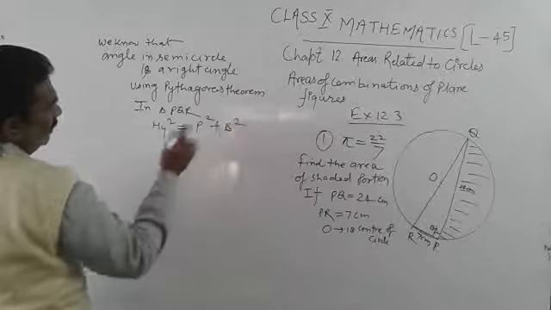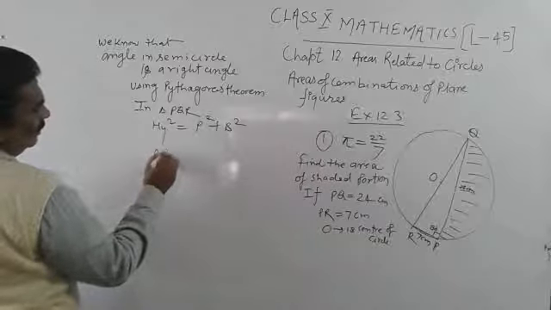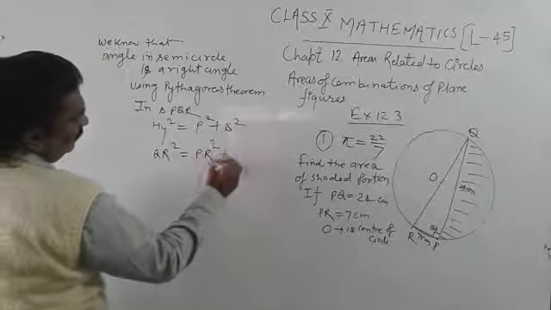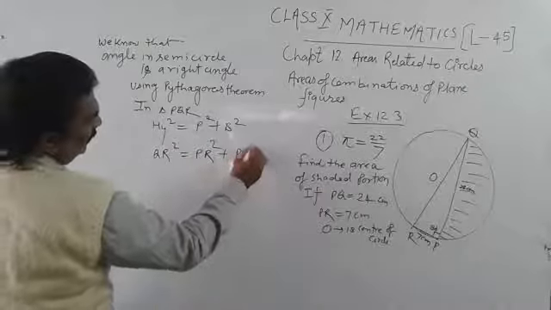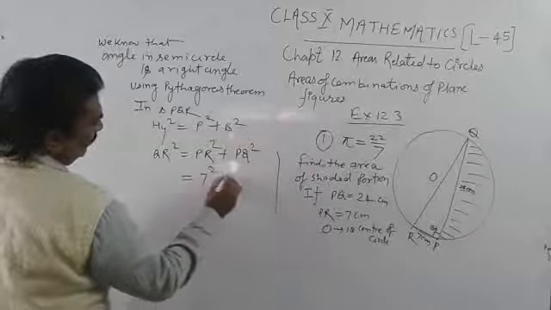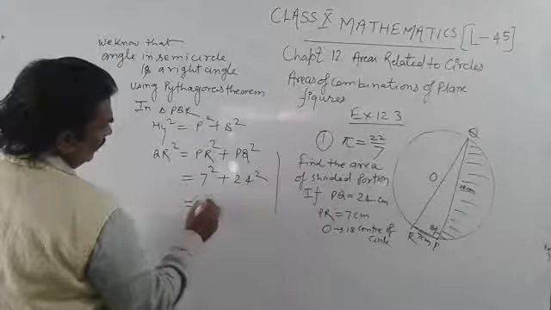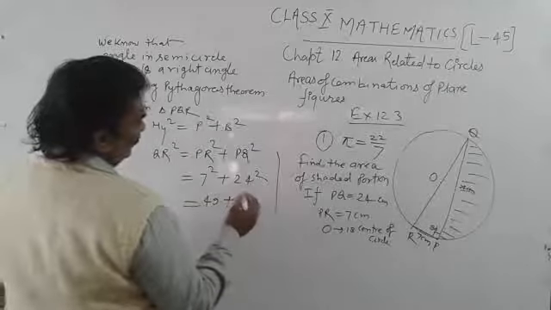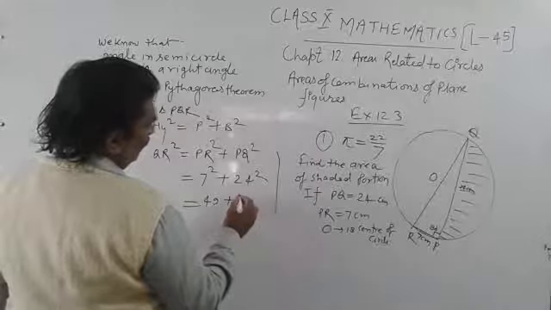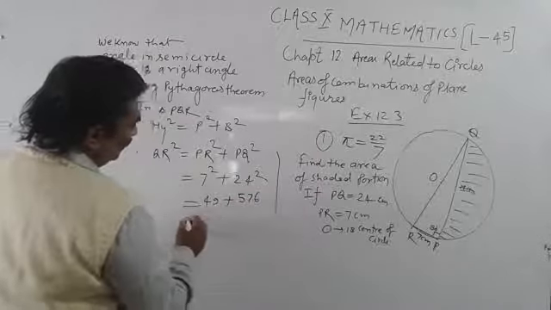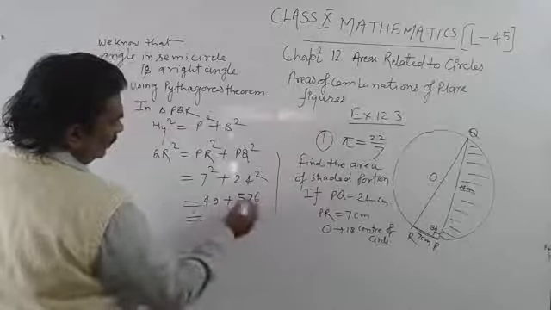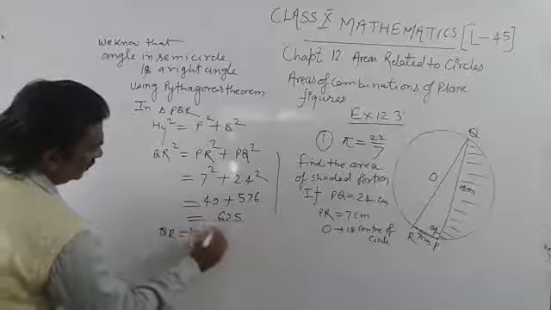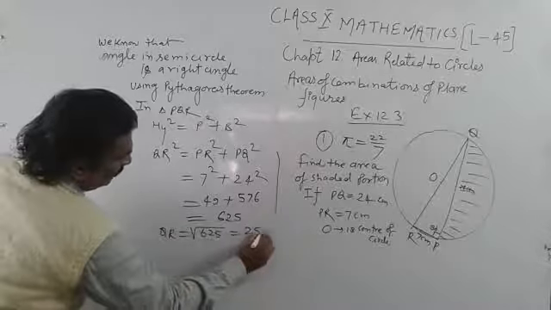Hypotenuse means QR square is equal to perpendicular, you can say PR square plus base means PQ square. After putting the values, 7 square plus 24 square, 7 7s are 49 plus 24 square, 576. After adding these, 625. So, QR is equal to under root 625, that is 25 centimeter.